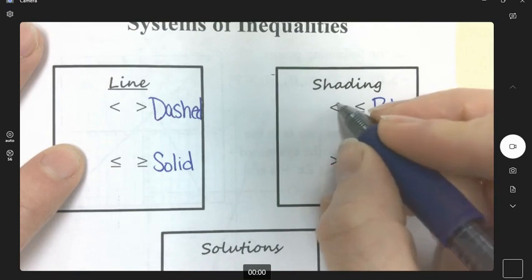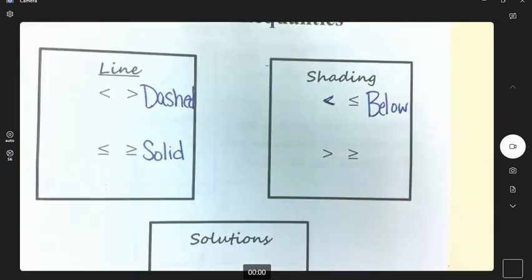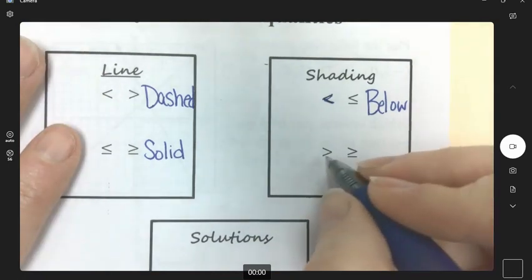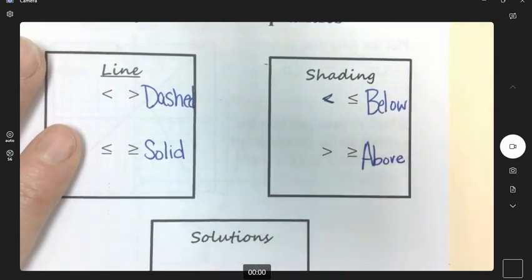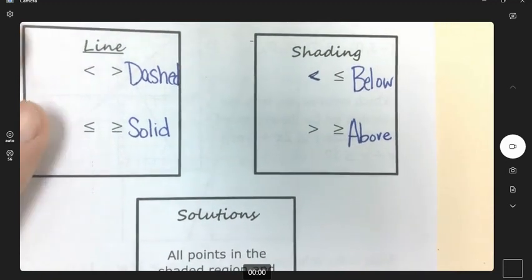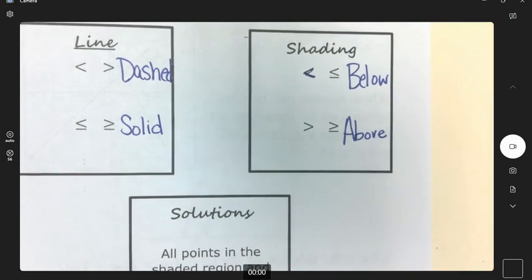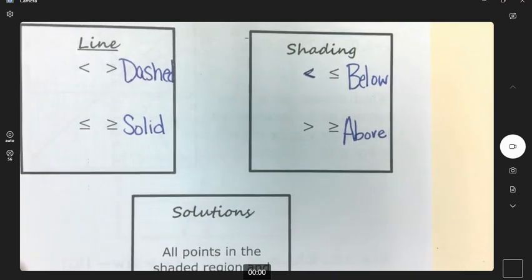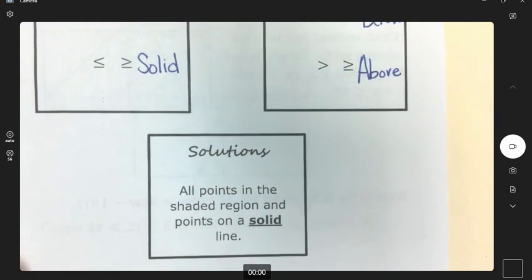See how this makes an L? If you were to use your left hand, L. We have greater than, which is going to be above. So the solution is all points in the shaded region and points on a solid line.